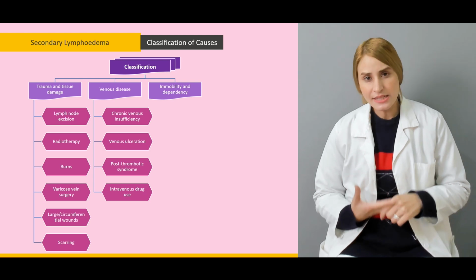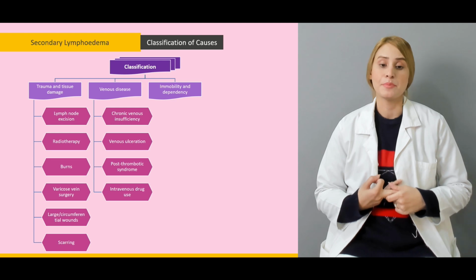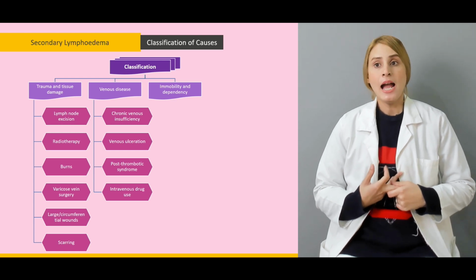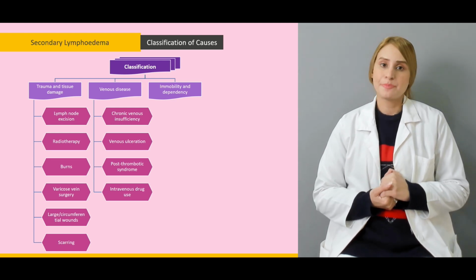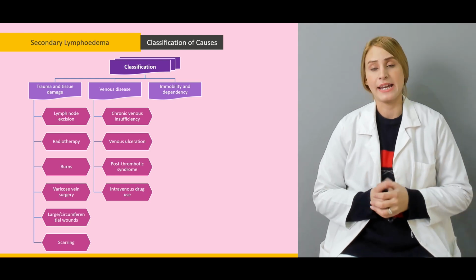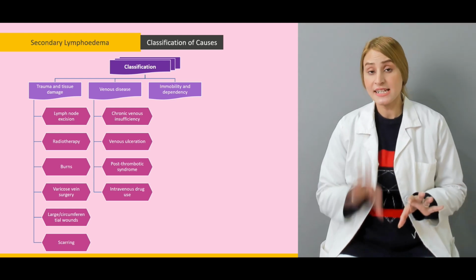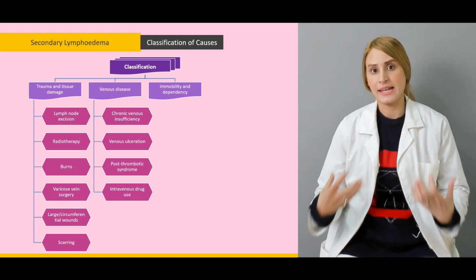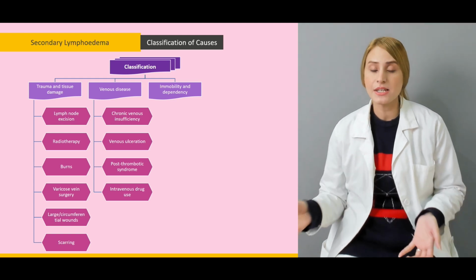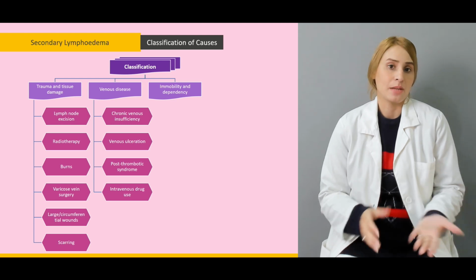Now, another entity which is very important and needs to be discussed is mobility and dependency. Most of the time, those patients who have a sedentary lifestyle are immobile, and usually they're sitting. The pooling is in the lower limbs, and because of the venous pooling or stasis in the lower limb, they develop secondary lymphedema.